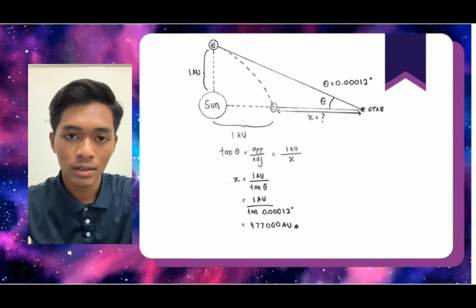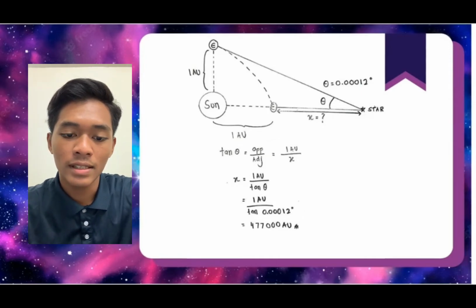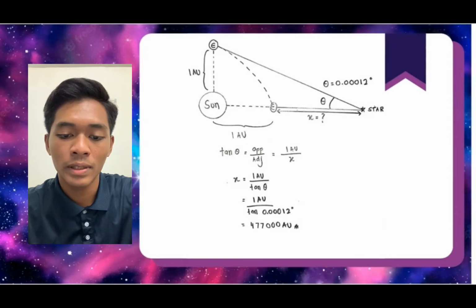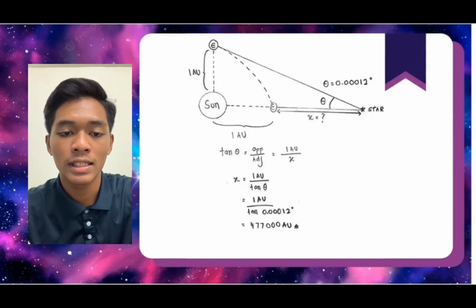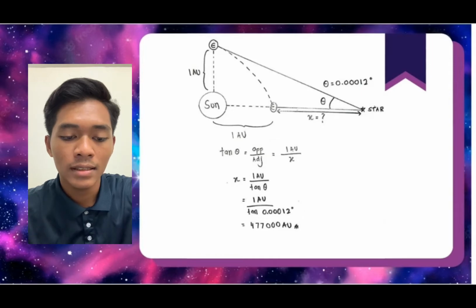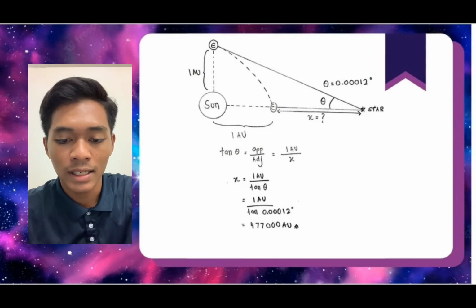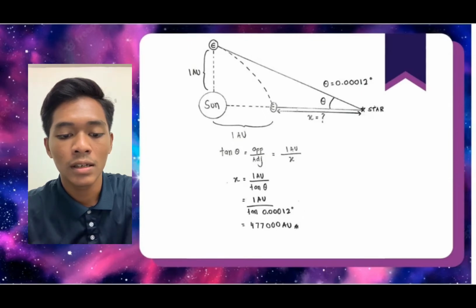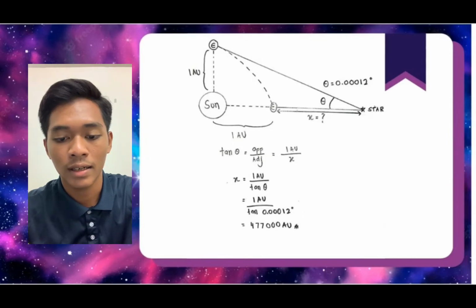The first step, we use the formula tan theta equals opposite over adjacent. The next step, we change the position of x and tan theta. Next, we substitute theta with 0.00012.